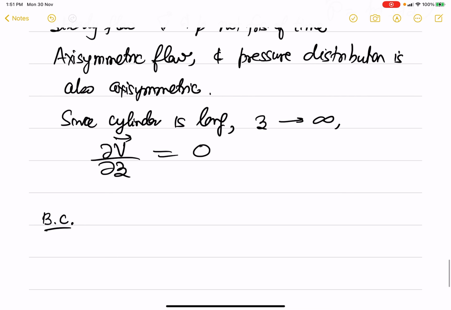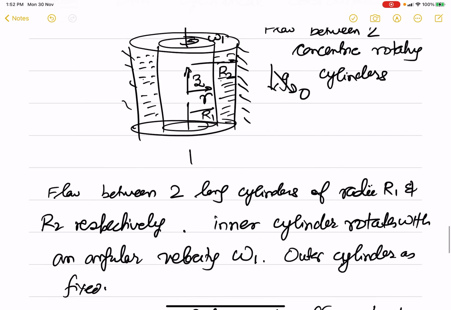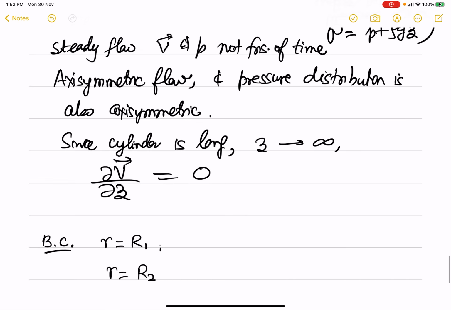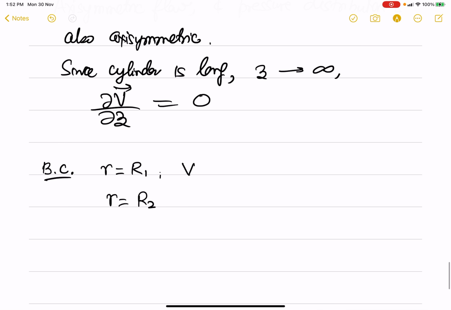The boundary conditions are given to us at r is equal to r1 and r is equal to r2. At r is equal to r1, what is the velocity? From the no slip boundary condition, what we get is velocity will be equal to r1 omega 1 e theta.